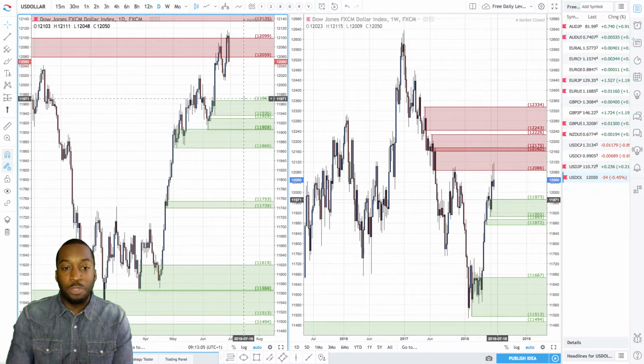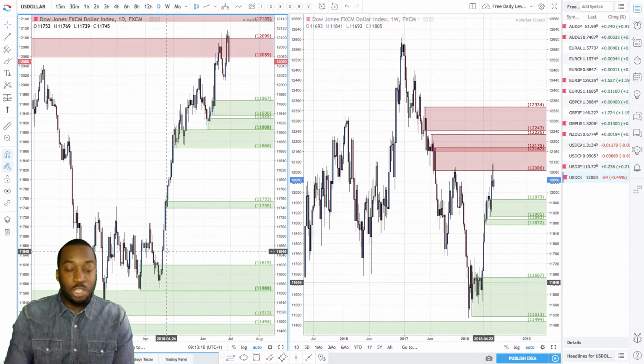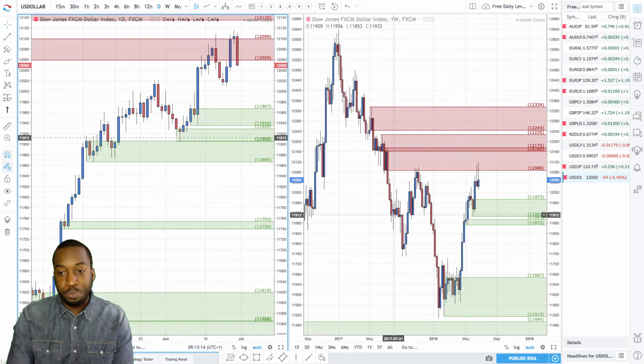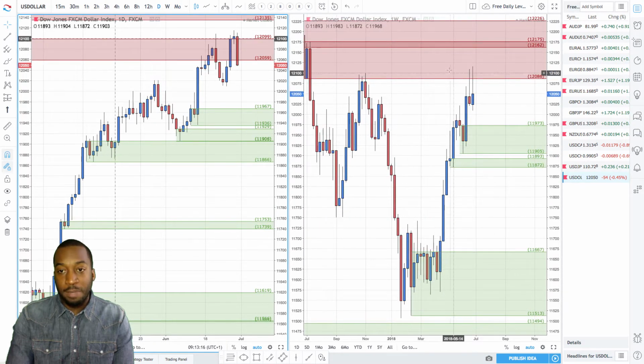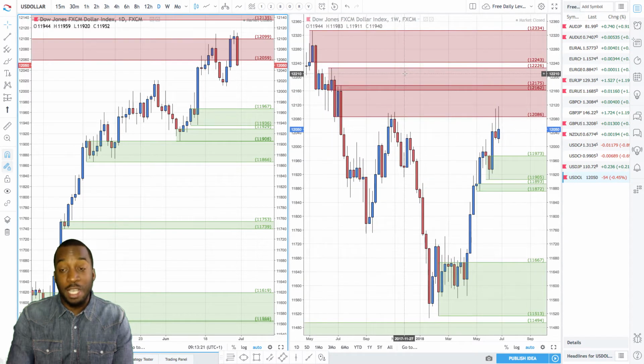Now, starting off on the Dow Jones Dollar Index, this is obviously a measure of strength for the dollar, and it measures strength against a basket of the major currencies like the pound, the yen, and the euro.